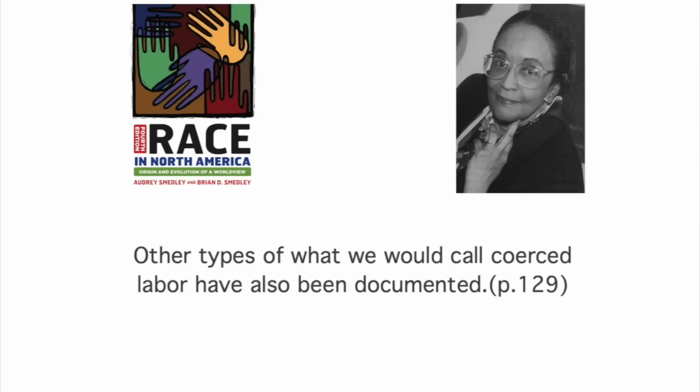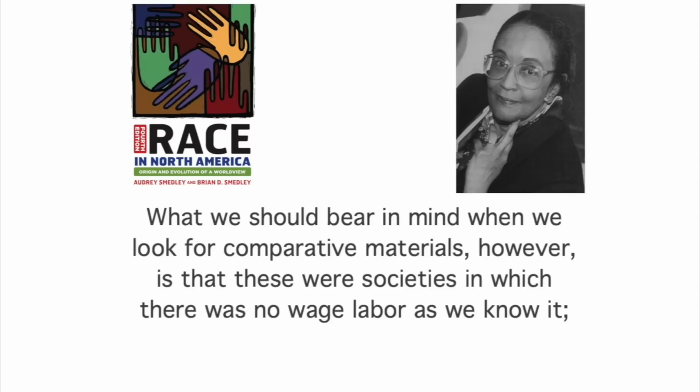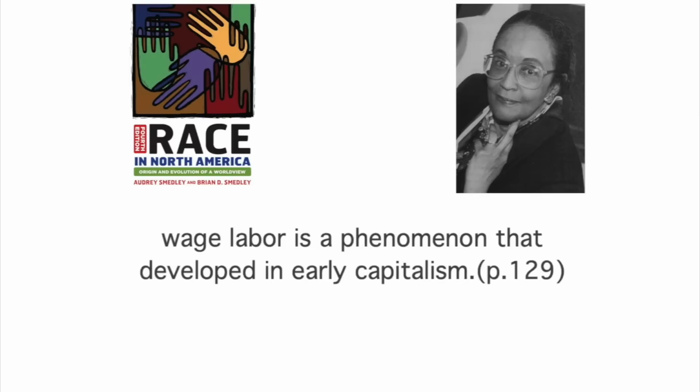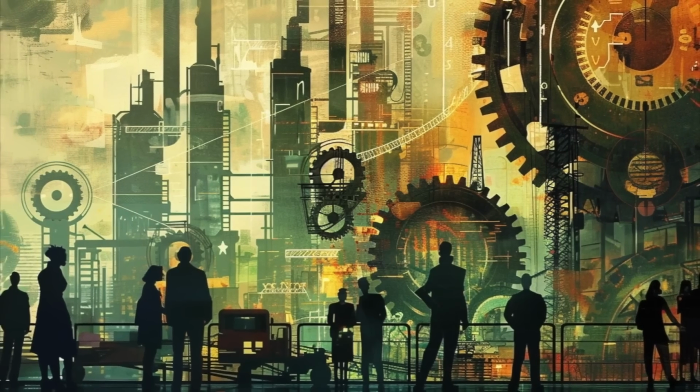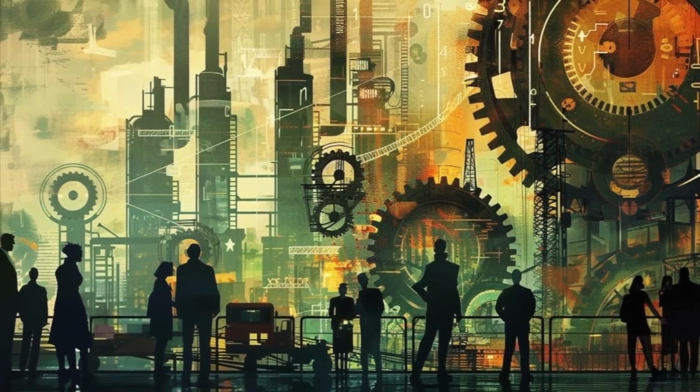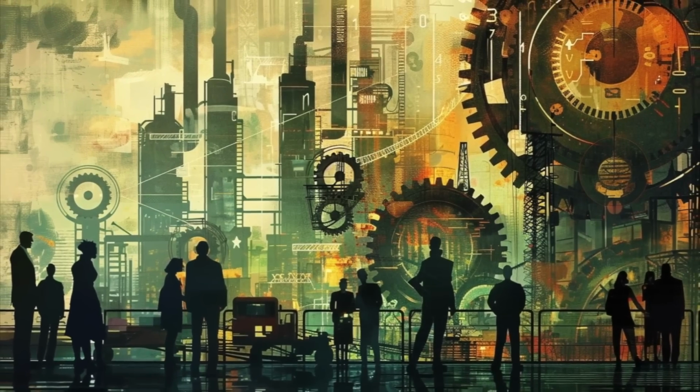Other types of what we would call coerced labor have also been documented. What we should bear in mind when we look for comparative materials, however, is that these were societies in which there was no wage labor as we know it. Wage labor is a phenomenon that developed in early capitalism. And so wage labor is selling one's labor for payment in return, which stems from capitalism, which is an economic system where private people and businesses control the production of goods and services.